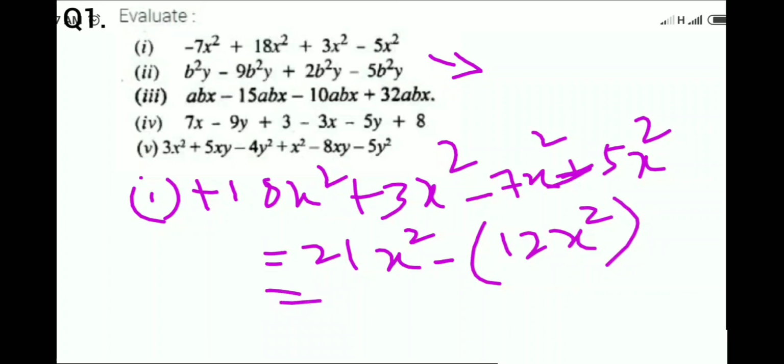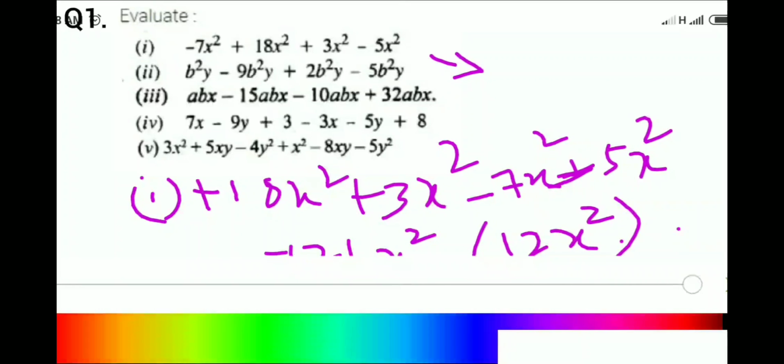Now plus and minus is there, so subtract the lower value from the higher value. The higher value is 21x square, therefore minus 12x square from 21x square. Therefore the answer is 9x square, which has come from plus 21.